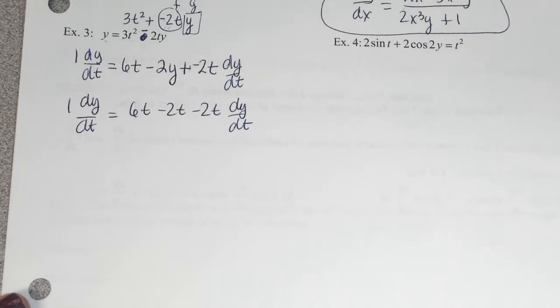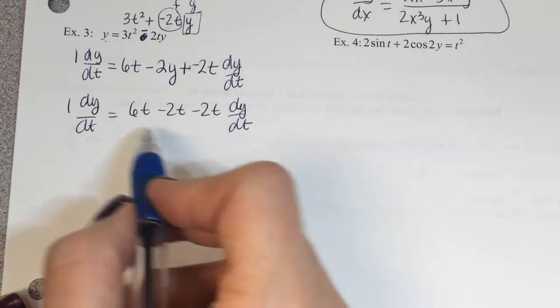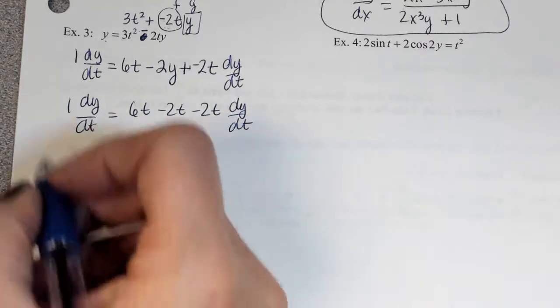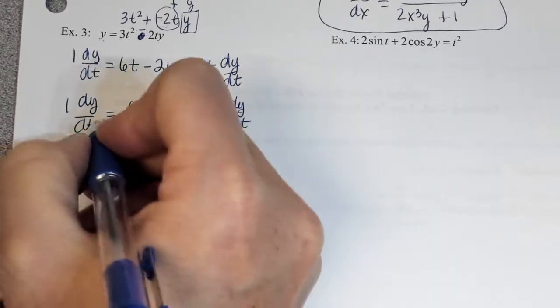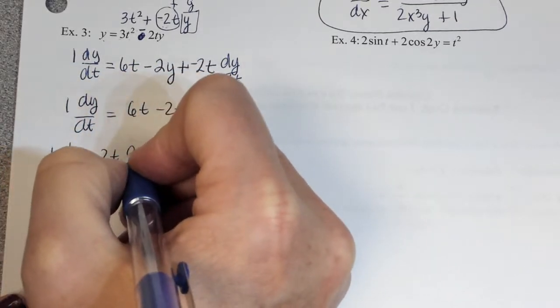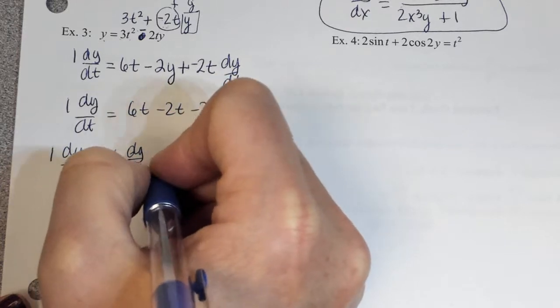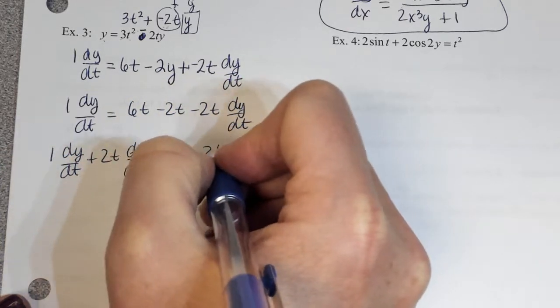So what am I going to do now? If I'm trying to get dy dt by itself, I'm trying to solve for that. I want to take this over here, right? Because I want them on the same side. So I have 1 dy dt, take this over, plus 2t dy dt equals this.